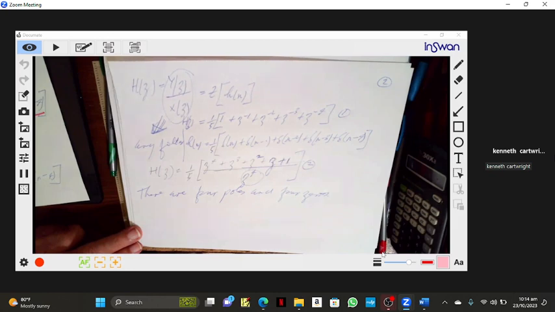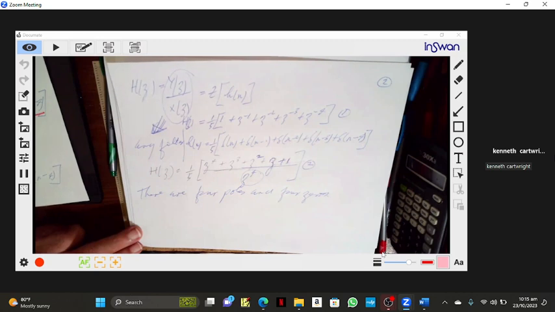And why is that news to you? I've been saying that since 320. The highest power determines how many poles you have. We've got 4th power there, therefore there are 4 poles.